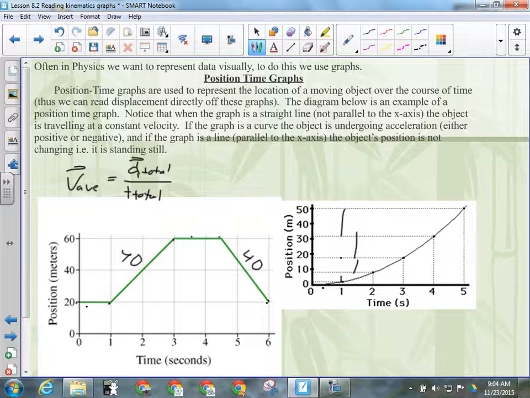Yeah? And what if it wasn't a position versus time graph? What if it was, let's say, would you be happy with that graph? If it was your money, you would.